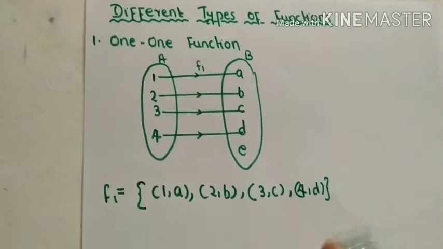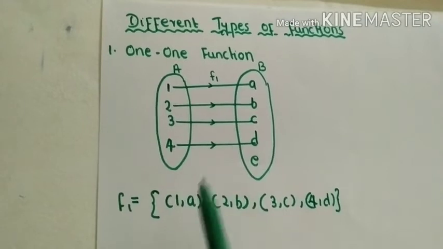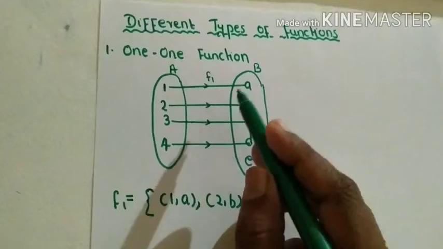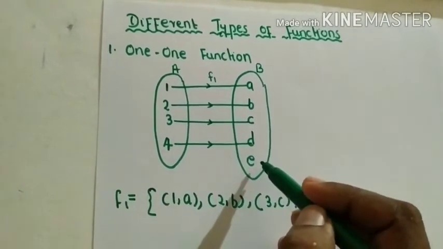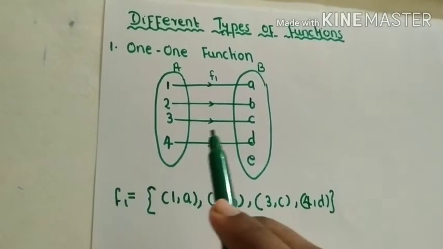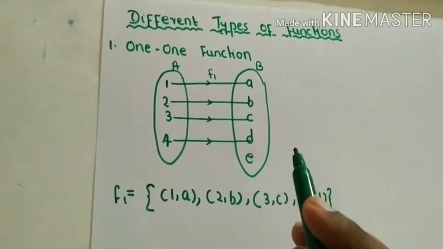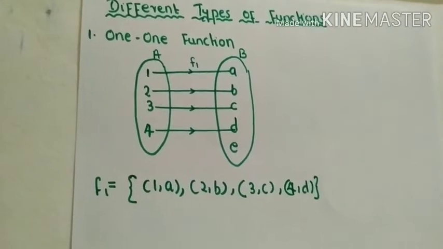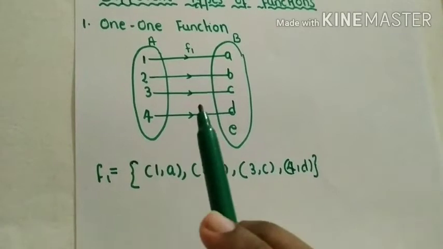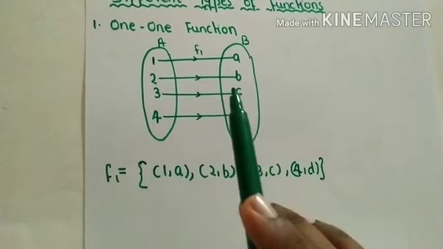If we observe the set, we can notice that the different elements from set A have corresponding different elements from set B. That means the images of different elements of set A under the function f1 are different.